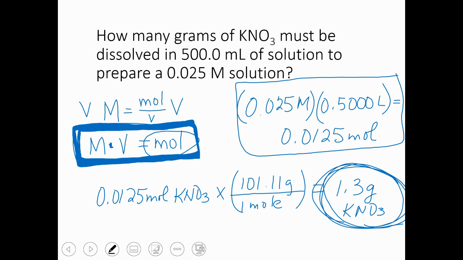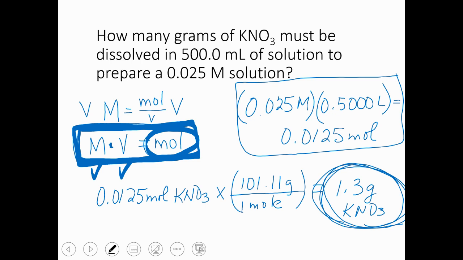Now, when you add water to a solution, you will change the volume, right? Because you're adding water, so it's going to have a bigger volume. And by adding water, you are diluting the solution. You're going to make a lower molarity. But the number of moles of solute in that solution is going to stay the same.